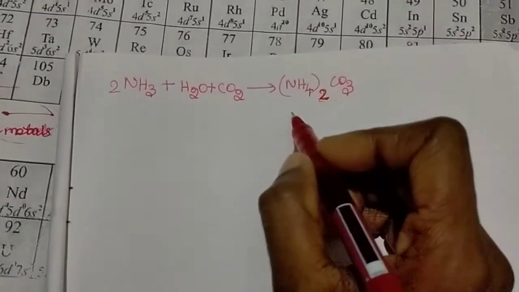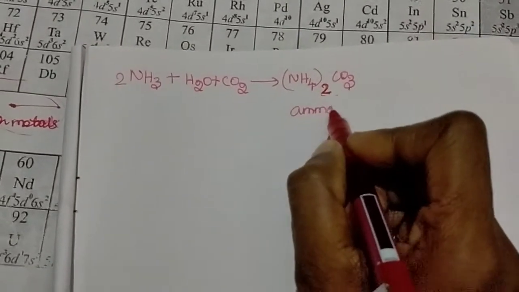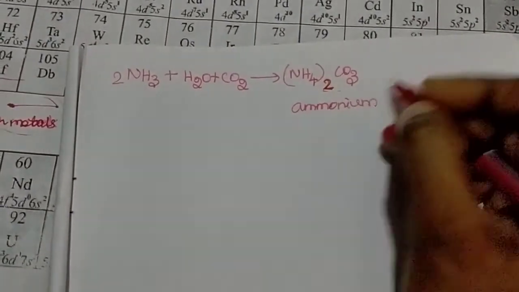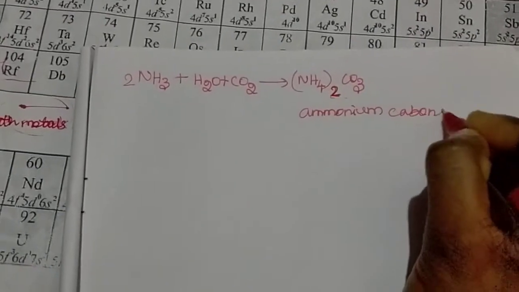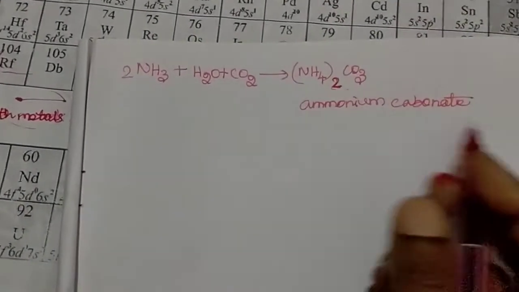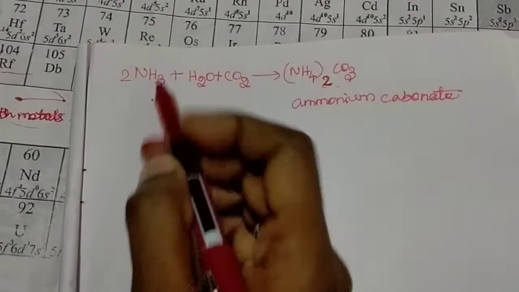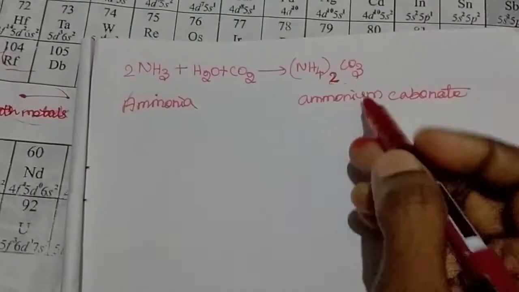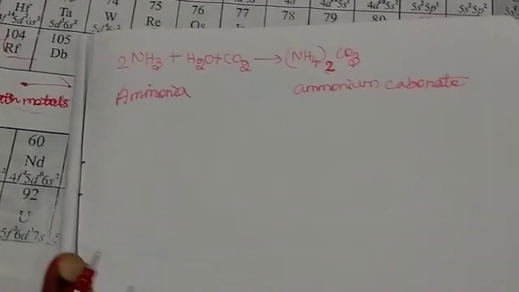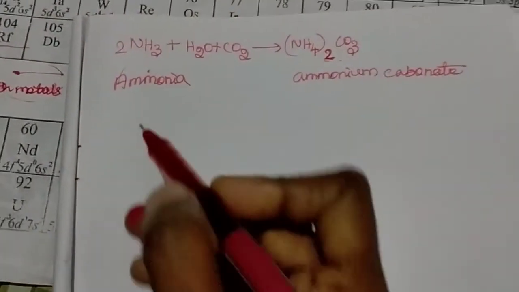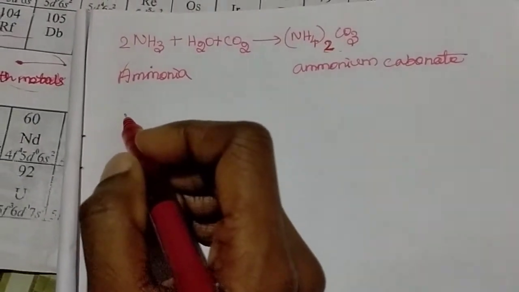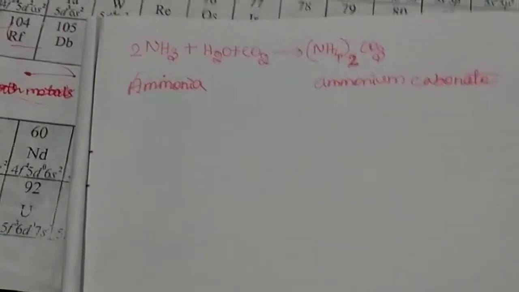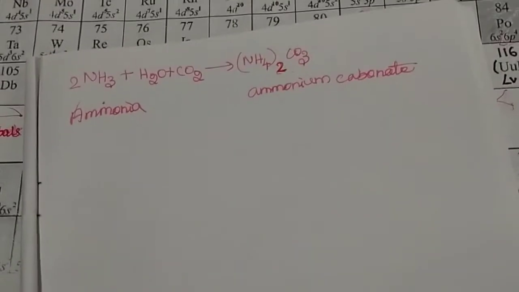So this is ammonium carbonate. You should write this equation like this: this is ammonia, this is ammonium carbonate.